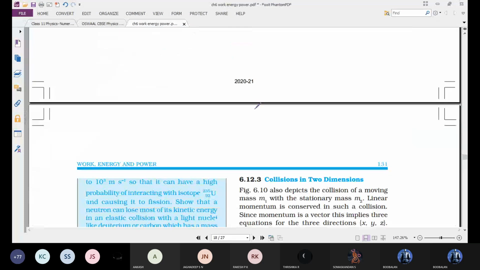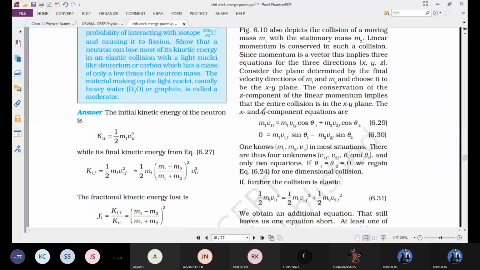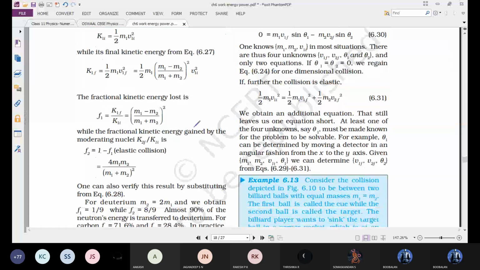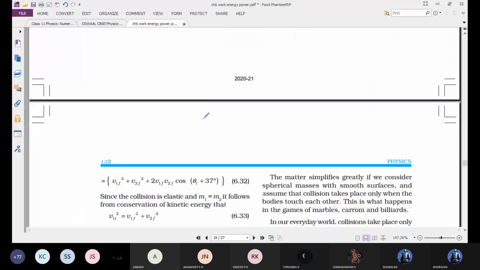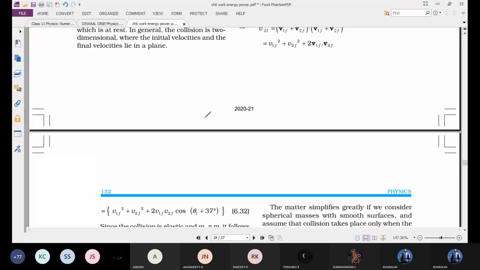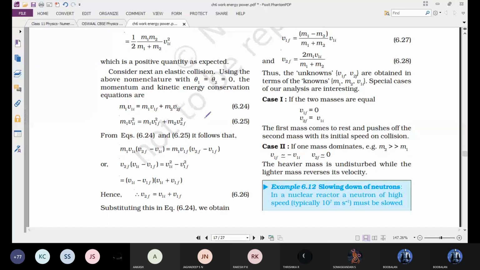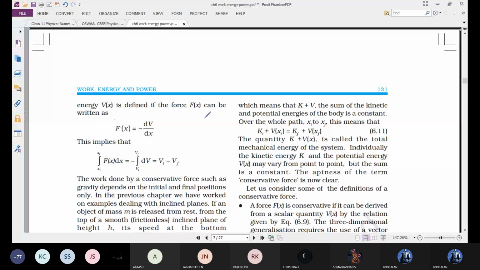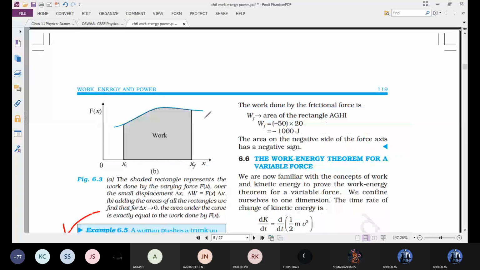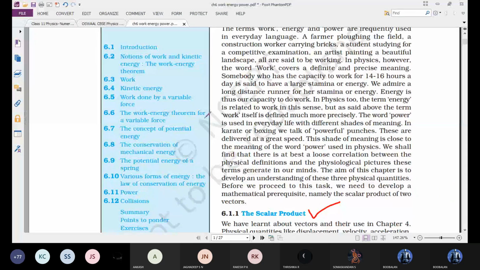Okay. So we completed all the areas now. Only the potential energy area alone is pending. So the remainder is completed. 6.8 and 6.9, the conservation of mechanical energy, the potential energy of a spring.